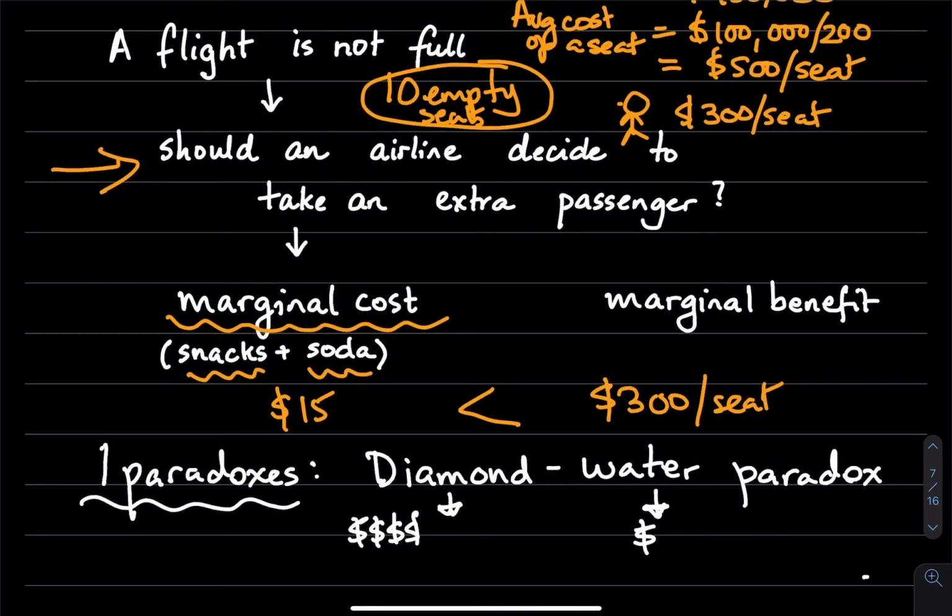But if we think about diamonds, no one really needs extra diamonds to survive, but because diamonds happen to be so rare, people consider the marginal benefit of an extra diamond to be very, very large. So again, when you think about marginal benefits and marginal costs, you can explain this type of paradox.